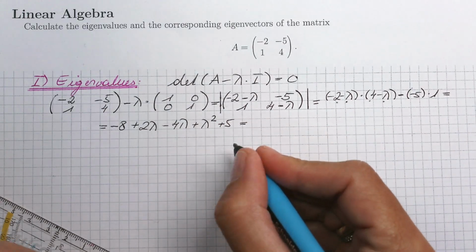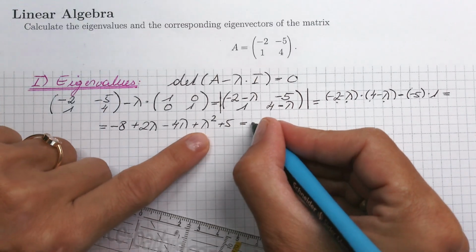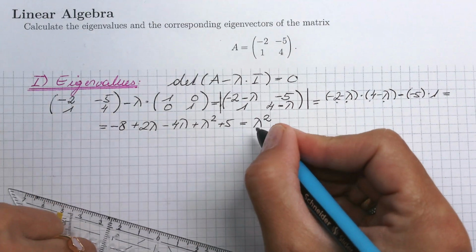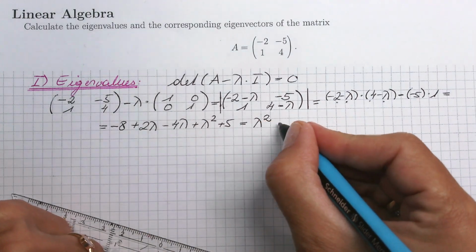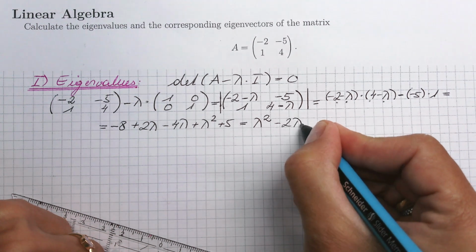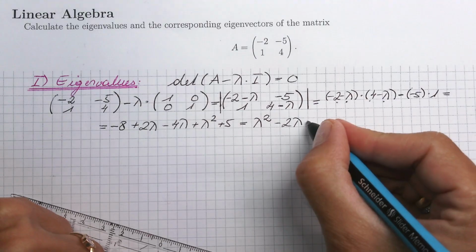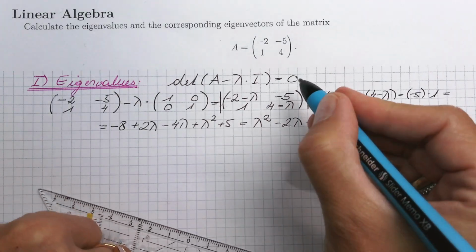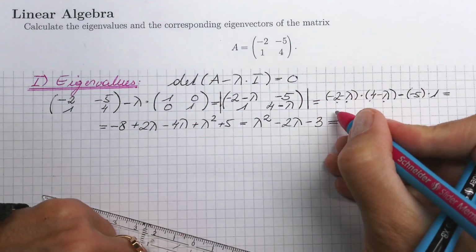Now let's sort it descendingly according to the exponents of lambda. We start with lambda squared, then we have 2 lambda minus 4 lambda is -2 lambda, and we have -8 plus 5 equals -3. And because this needs to be set to 0, that's what we do.